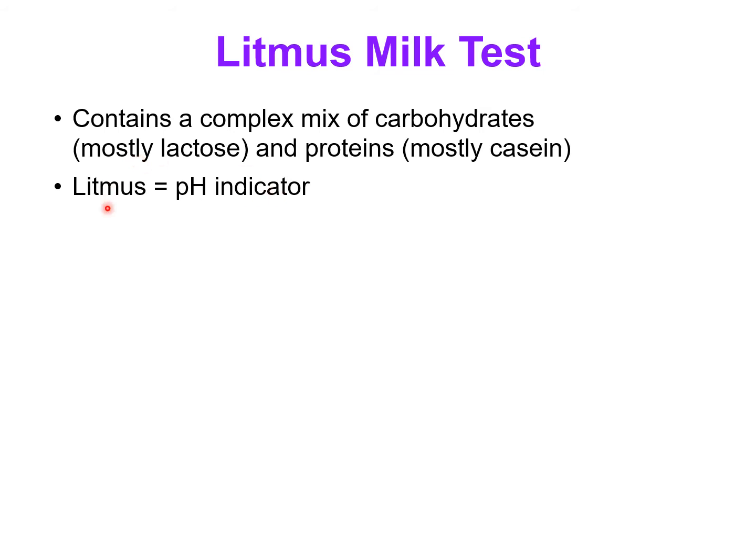Either the bacteria are going to ferment the sugar or they are going to metabolize the protein. It's not going to be both. One more thing is that in this broth, as I said, we add litmus, a pH indicator that's going to change color based on the acidity or alkalinity of the broth. Now, we start off with an uninoculated test tube.